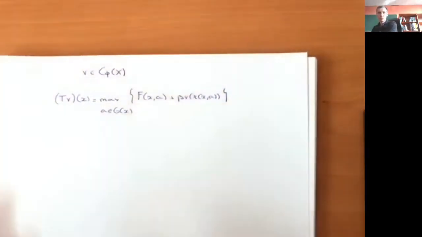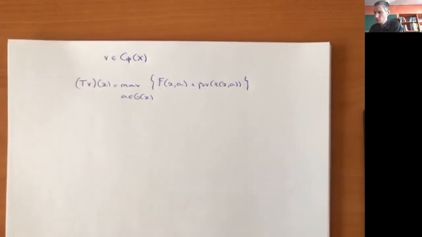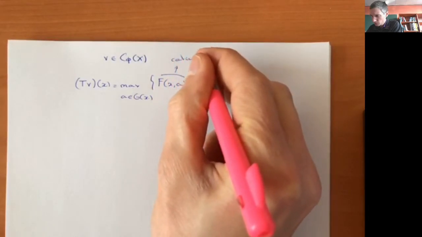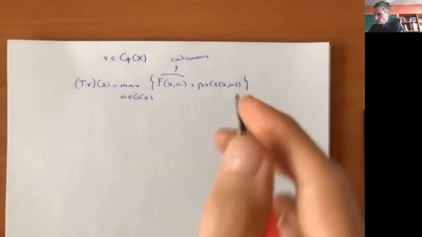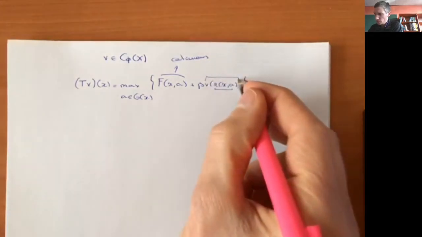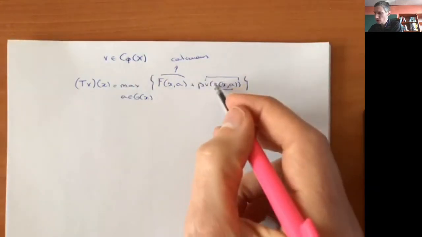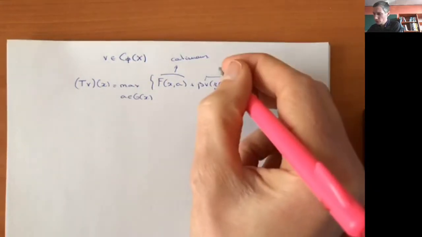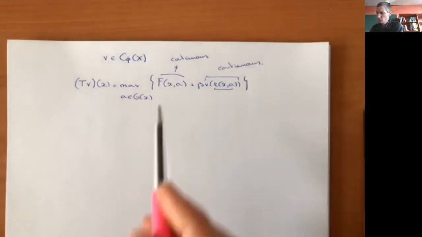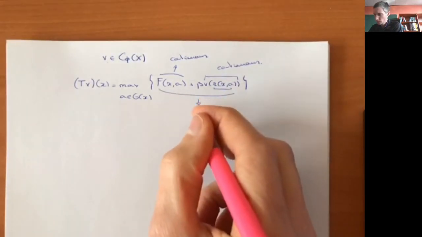Well, here we can use Berge's maximization theorem. So why can we do this? Well, we assume that f is continuous, and we assume that r is also continuous. V is in this set, so v is also continuous. So v of r(x,a) will also be continuous. So we have a continuous function plus a continuous function, which is obviously continuous.